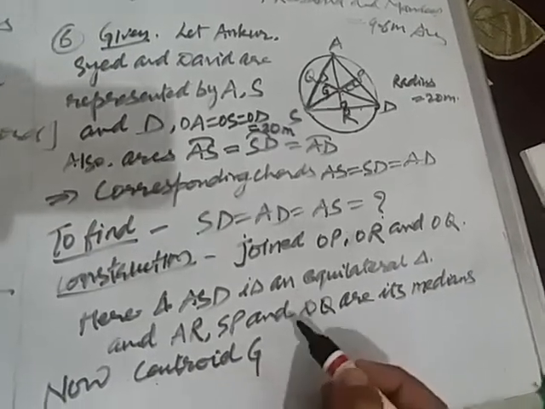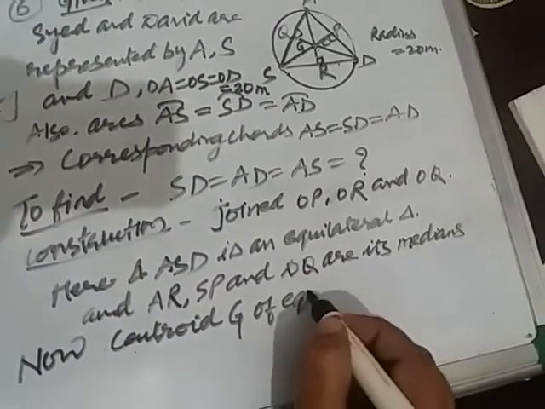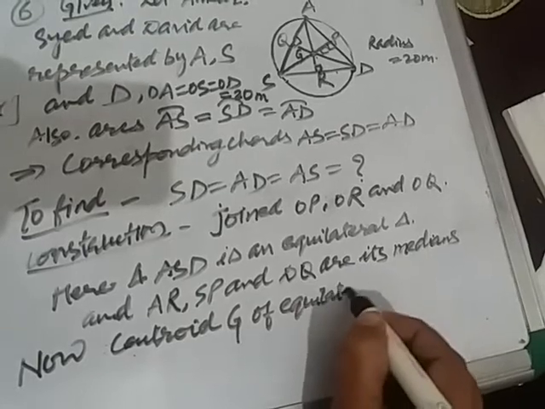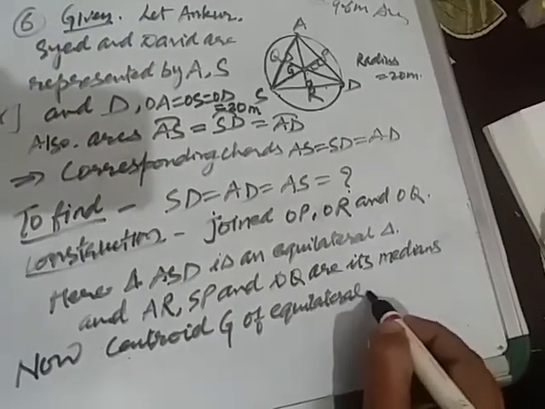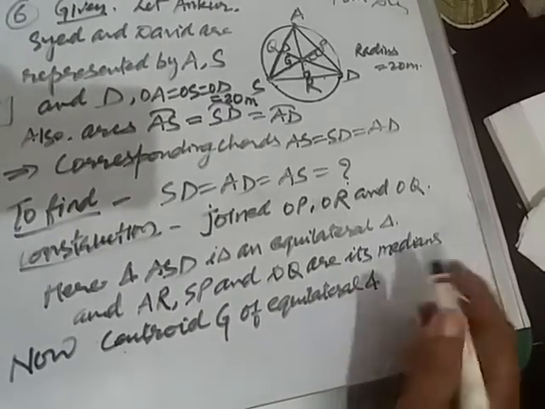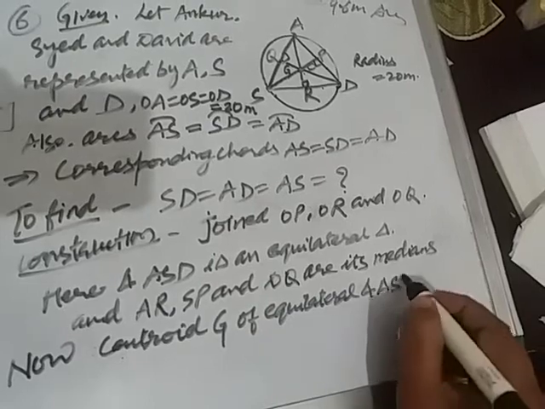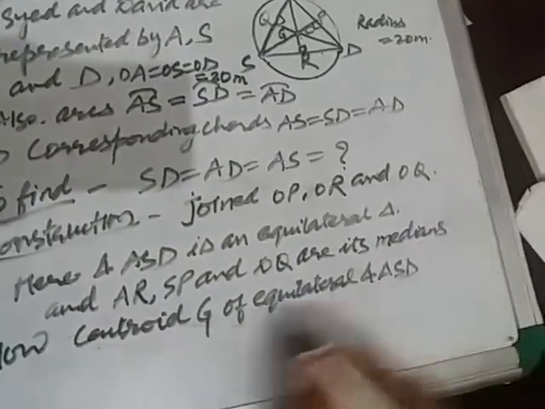Centroid G of equilateral triangle ASD coincides with the center O.